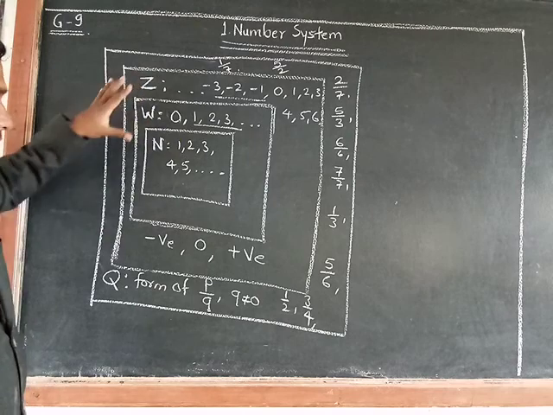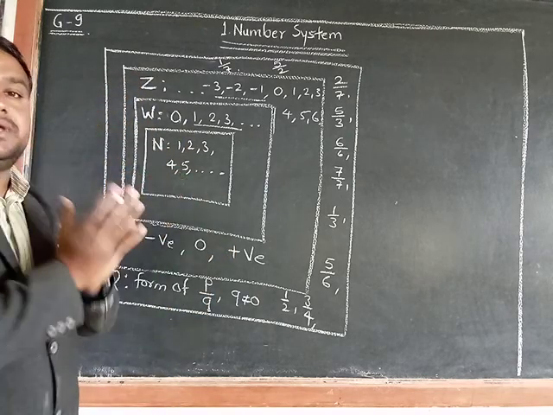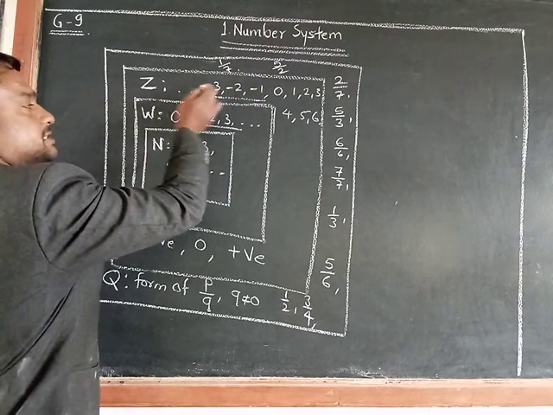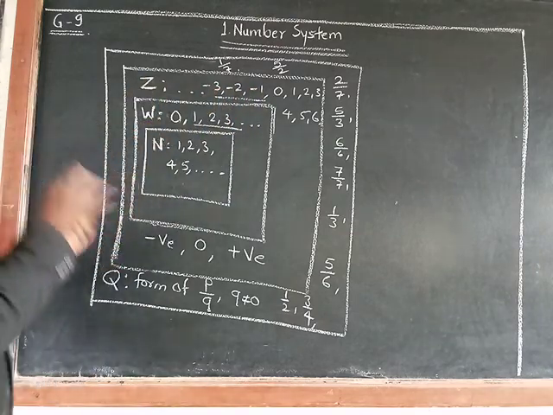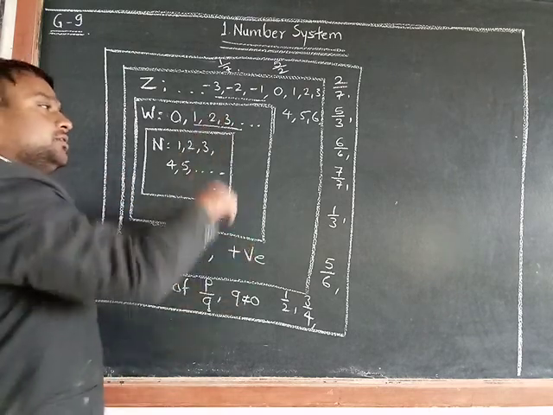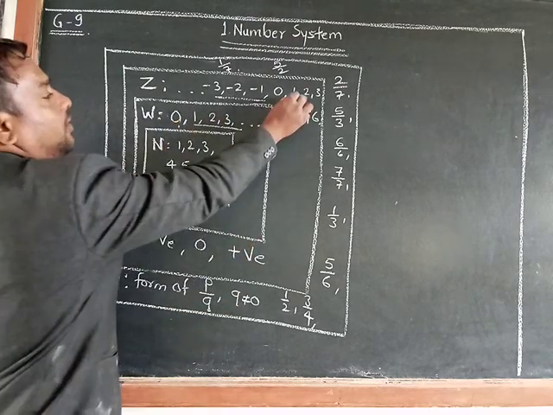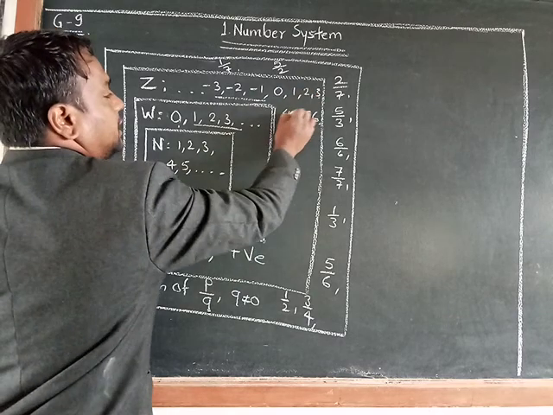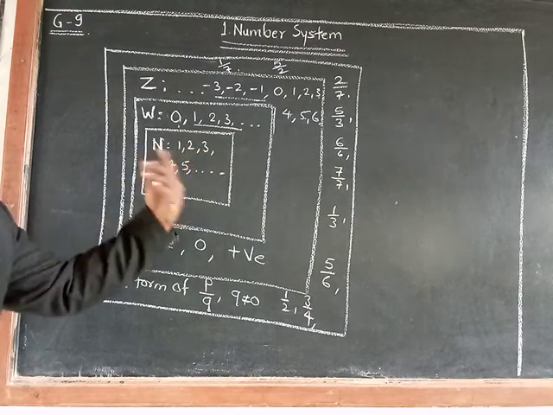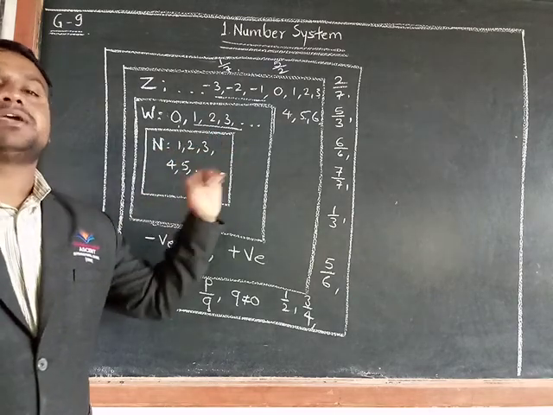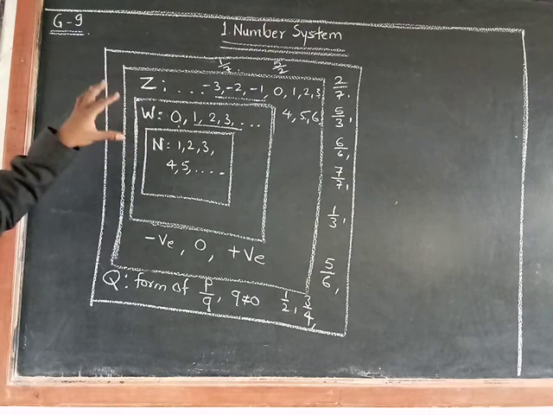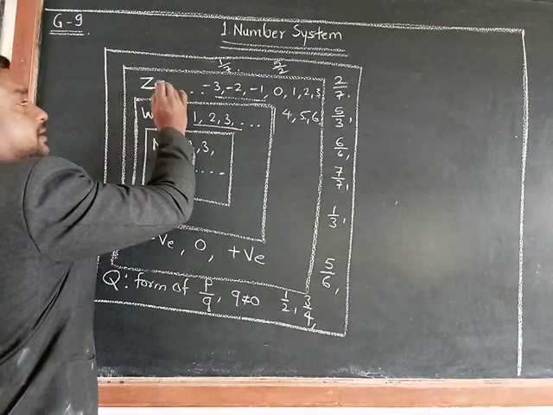The set of integers includes all negative numbers, that is -1, -2, -3, -4, -5 and so on. It also includes 0 and all positive numbers, 1, 2, 3, 4, 5, 6, 7, 8, 9, 10 till infinity. So it is a set of integers.